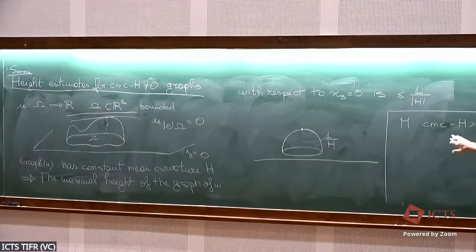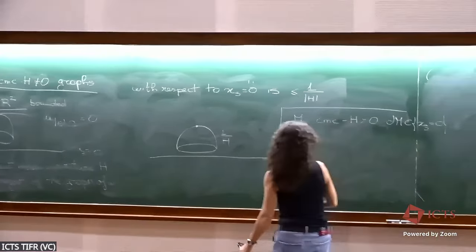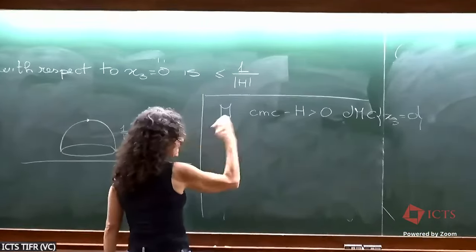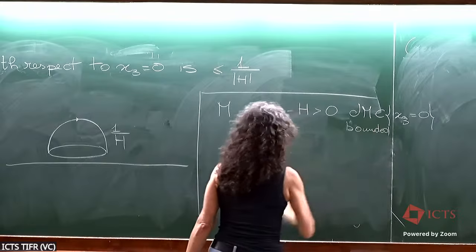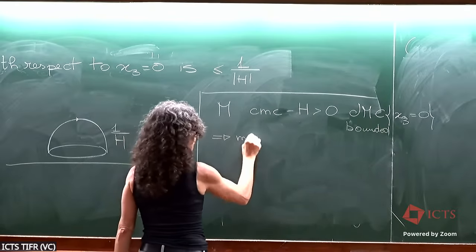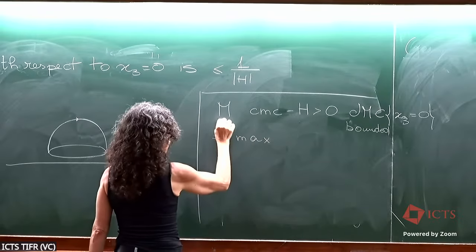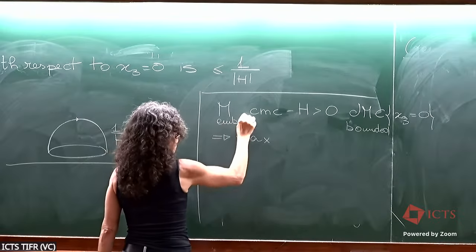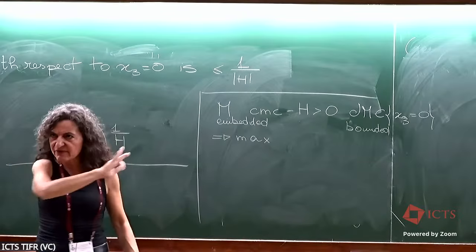Okay, so M, CMC, with boundary of M contained in the plane x3 equals 0. Let's say bounded, and embedded. I didn't need embedded before because it was a graph, but here it's not a graph.